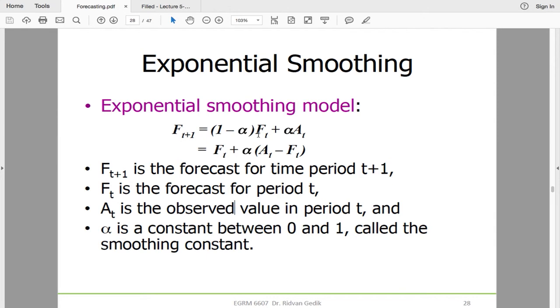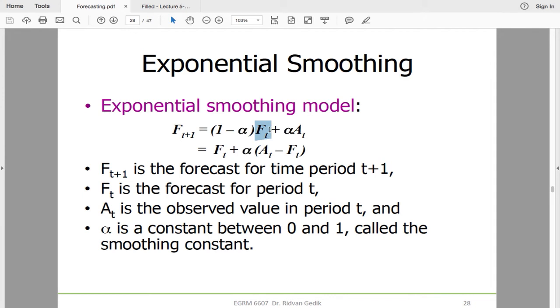In this function, F t plus 1 means that we are making a forecast for time period t plus 1, just one time period ahead of us. We're assuming that we are at time period t and we are making a forecast for F t plus 1. F t is the forecast that we made for time period t.